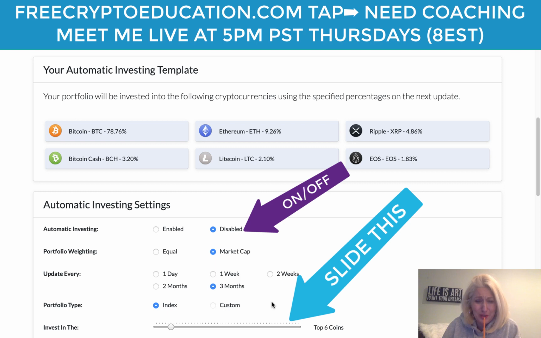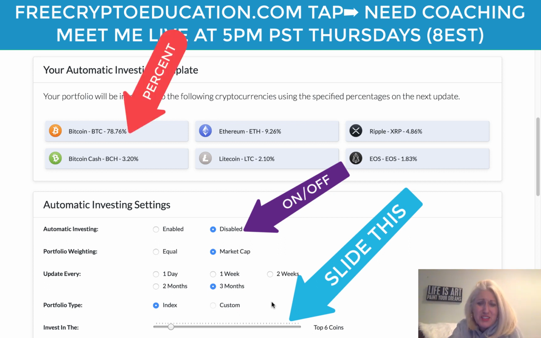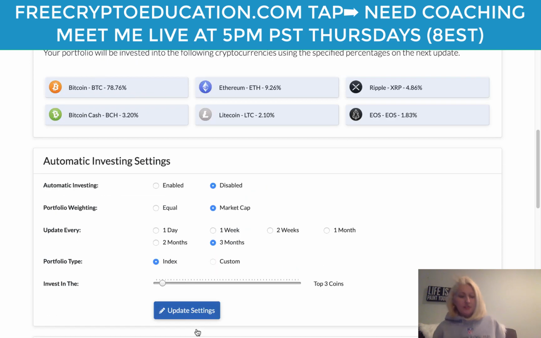So the portfolio percentages are being allocated appropriately to match the market cap dominance. So collectively, let's say there was $100 in the account, then 78%, which would be $78, would be going in Bitcoin, $9 in Ethereum, $4 in Ripple, $3 and so forth.